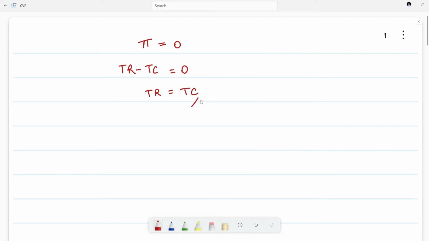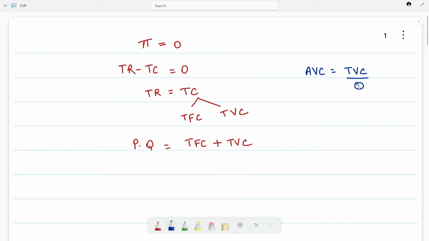The cost has two components: total fixed cost plus total variable cost. And total revenue is nothing but price into quantity, equal to total fixed cost plus total variable cost.